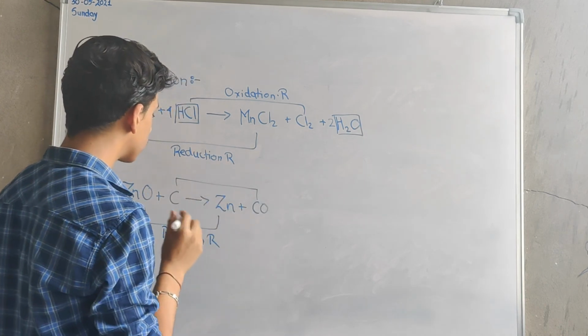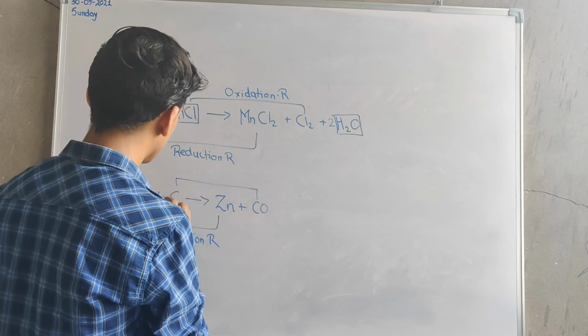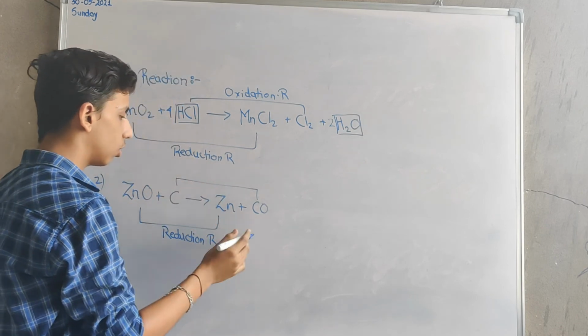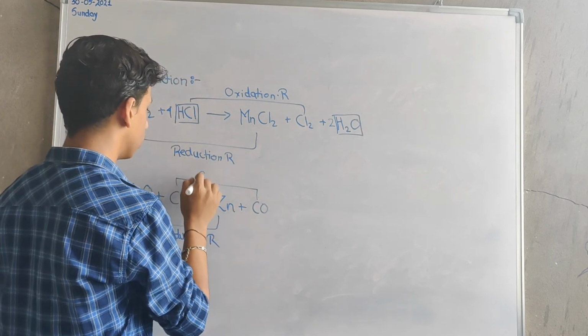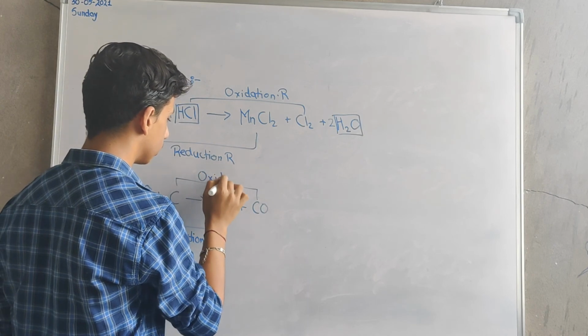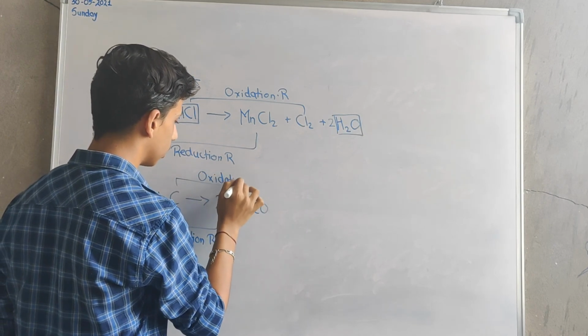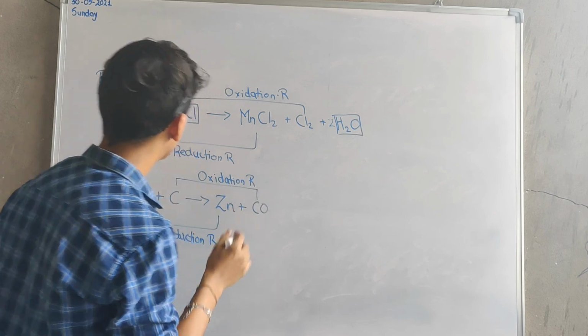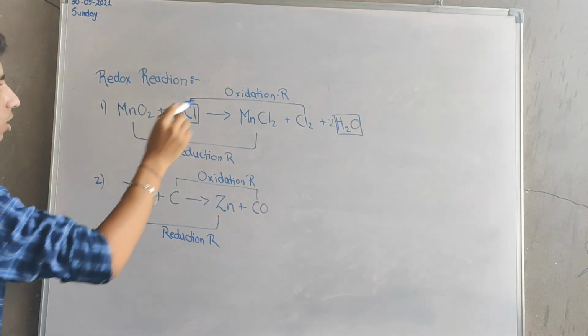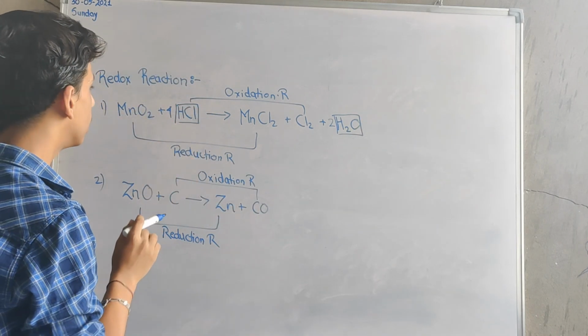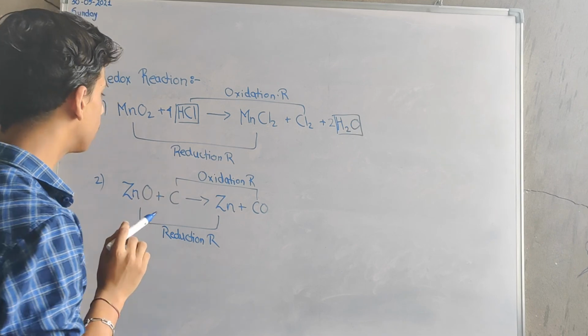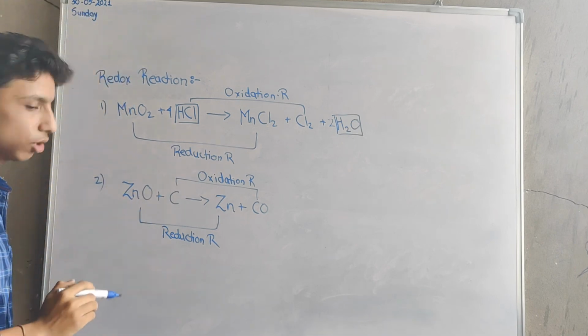And this is an oxidation reaction because here the carbon compound is added with oxygen. So in both these examples, the oxidation reaction and the reduction reaction both take place simultaneously. So this is a redox reaction.